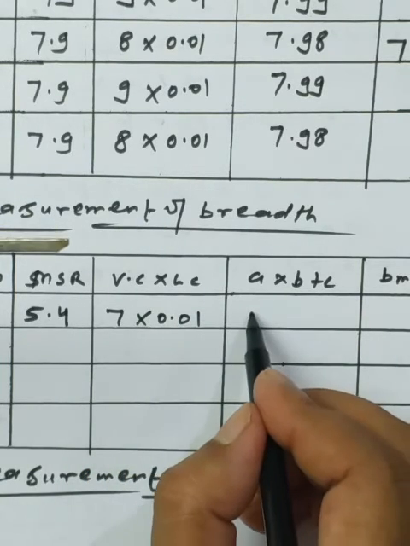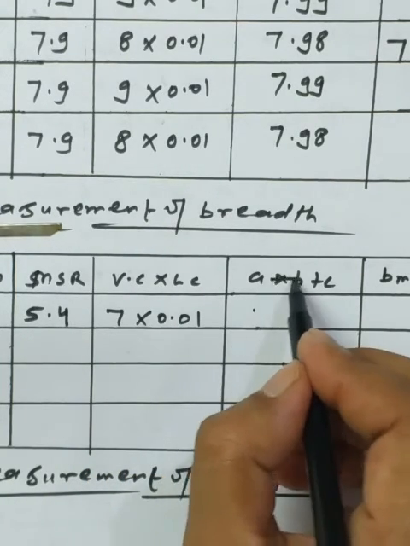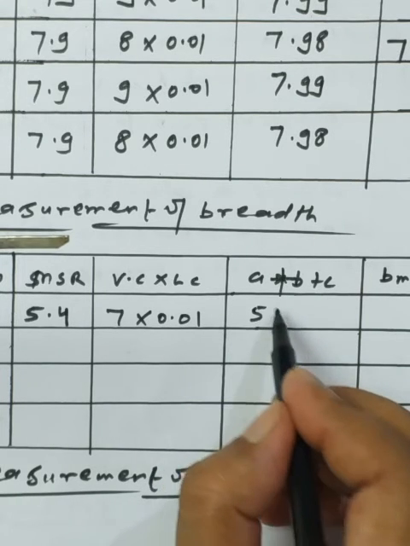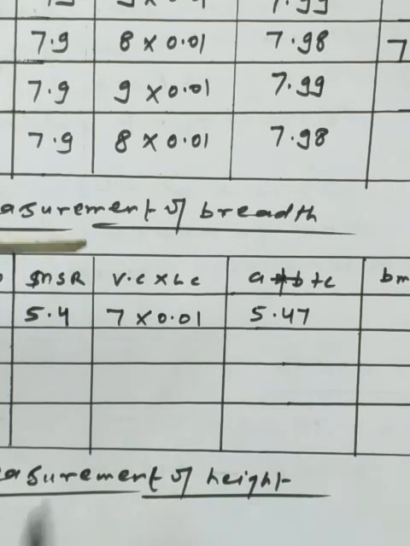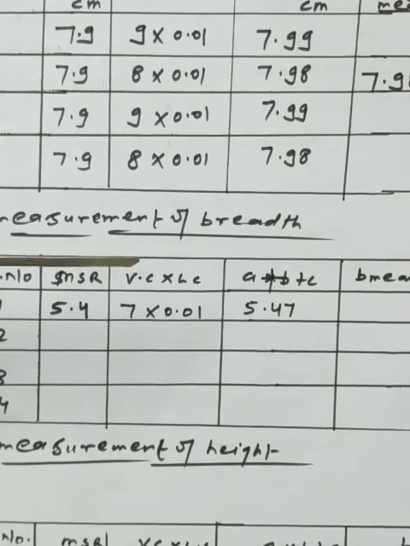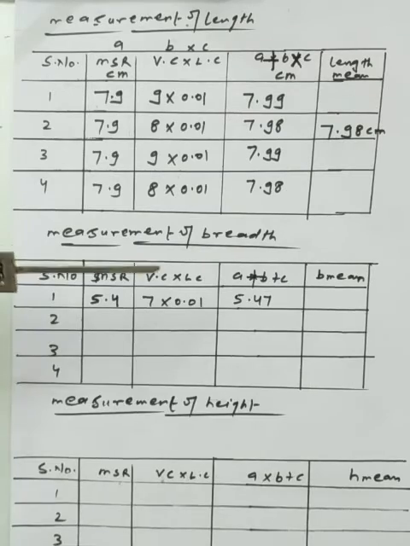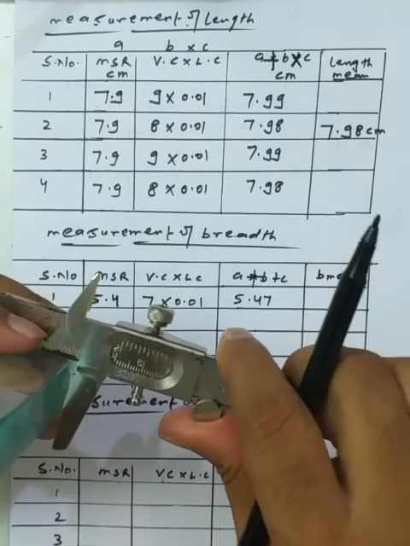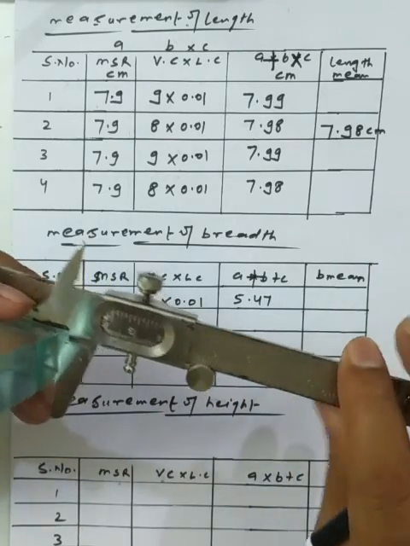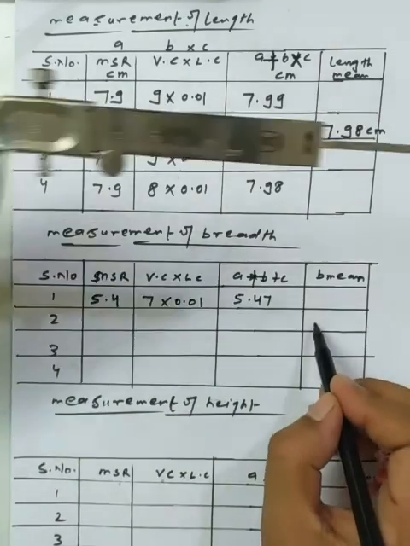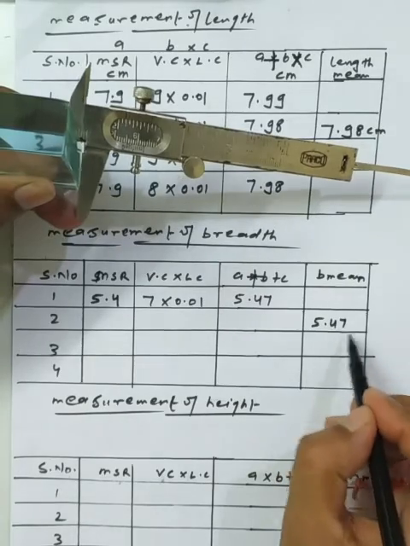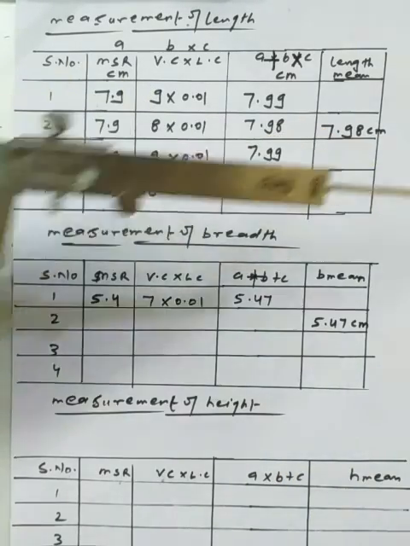As I am concluding, I am getting 5.47 centimeter. This is the simplest, and we can make so many measurements here. Suppose I am getting the breadth mean, that is 5.47 centimeter. So this is one of the basics we have.